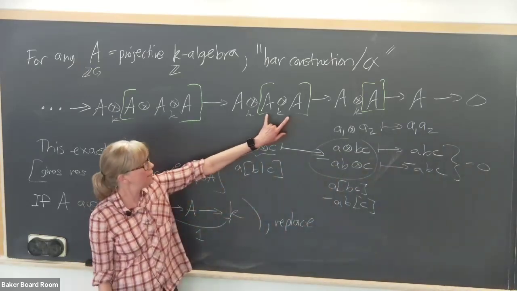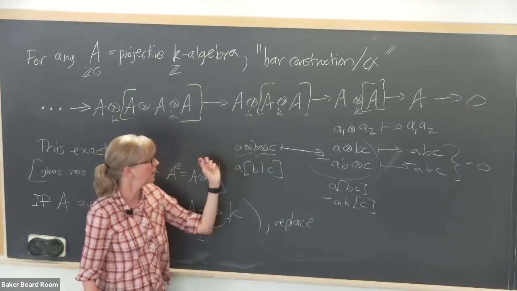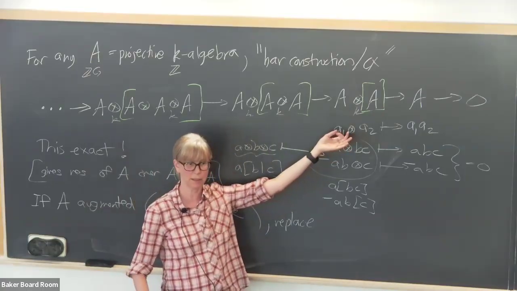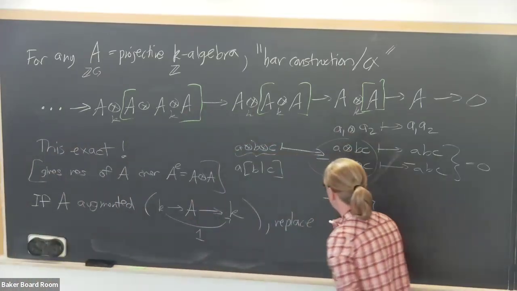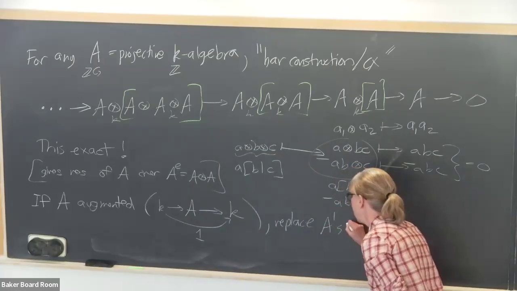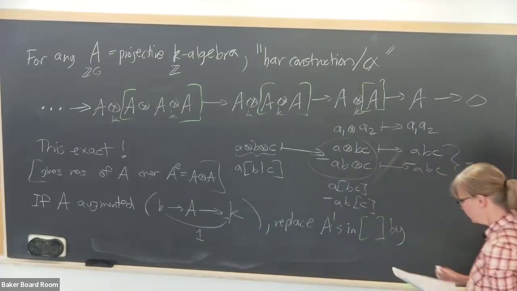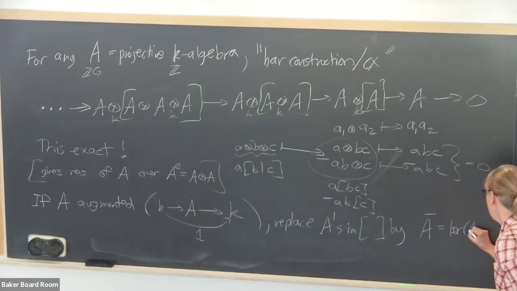When the inner factors have a unit, like if you're taking the identity element in A and multiplying it, a lot of the maps are kind of like identity maps if you pick the right basis. So those parts of the complex are contractible and split out. So what we're going to do is replace all the A's in green brackets by a reduced version, A bar, which is the kernel of A going to K. So just think about a graded K algebra whose degree 0 piece is K. You got rid of the degree 0 piece.